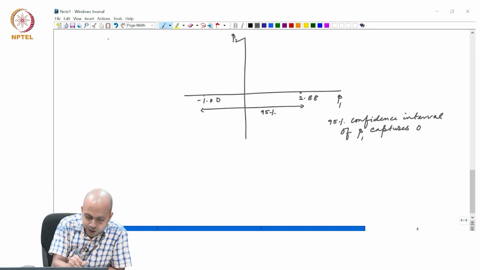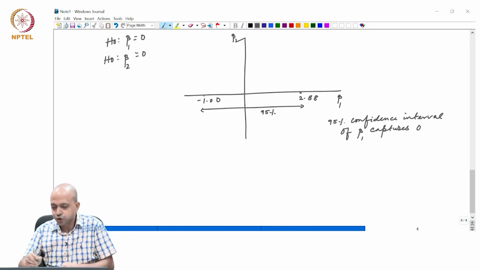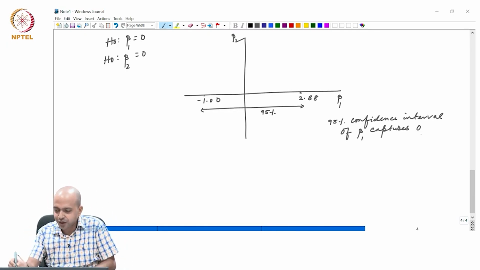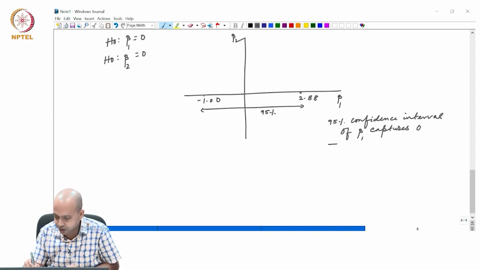And what was our null hypothesis? Null hypothesis: beta 1 equals 0. Similarly, the null for beta 2 is 0. So, the 95% confidence interval captures 0. So, that means we do not reject the null.